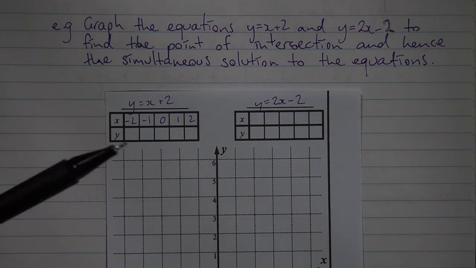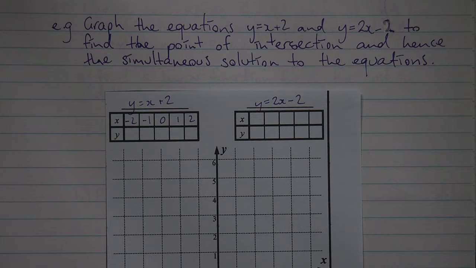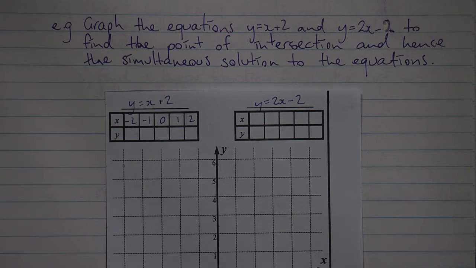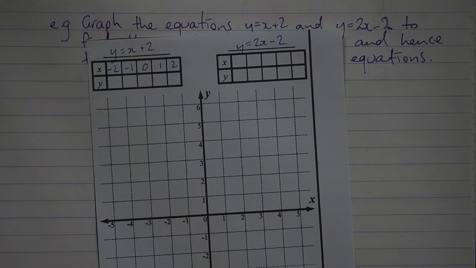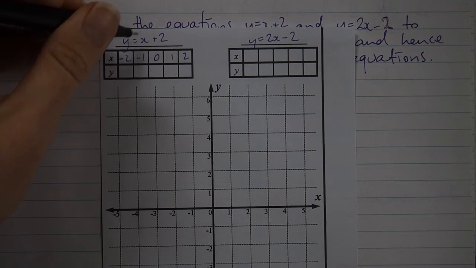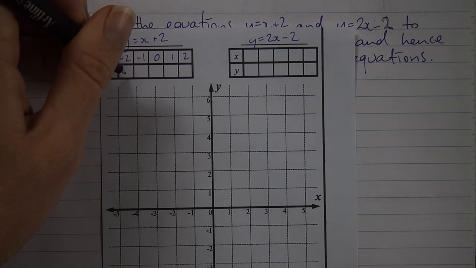If you had larger numbers, you might need to rethink what x values you use, but I like to use them around the origin.